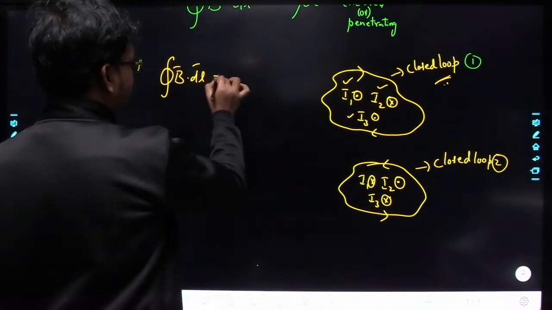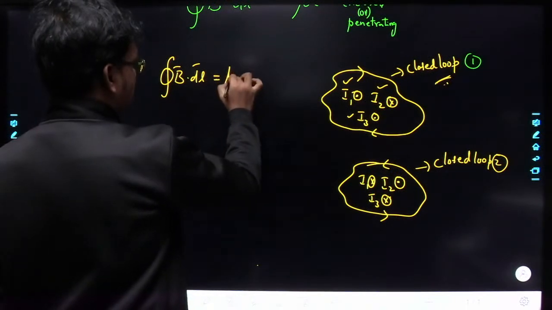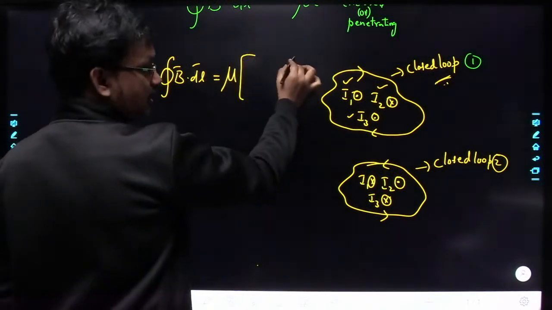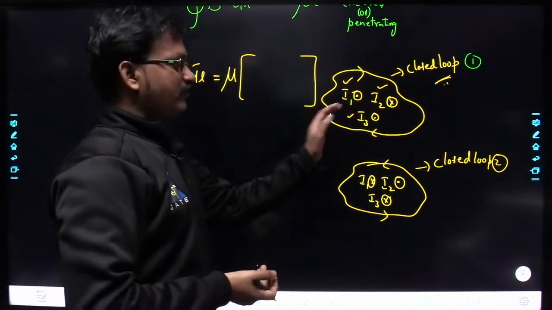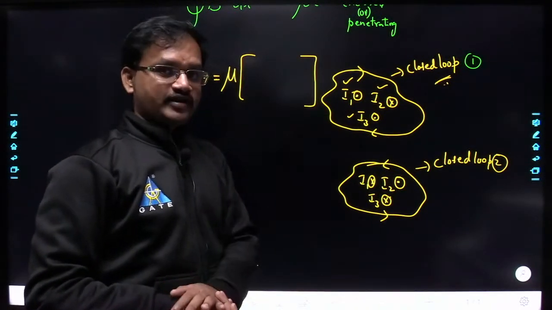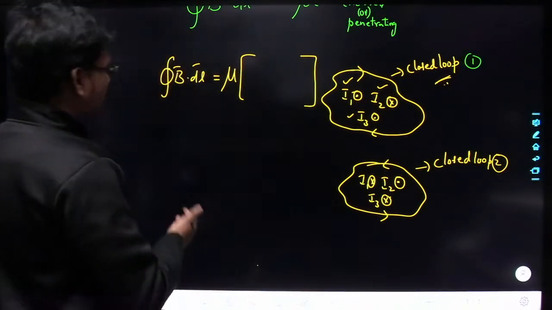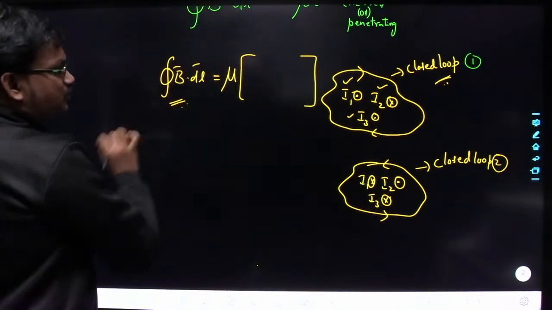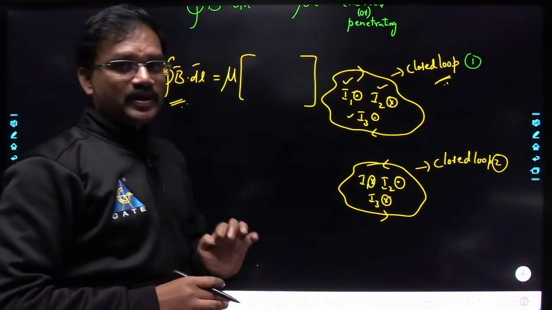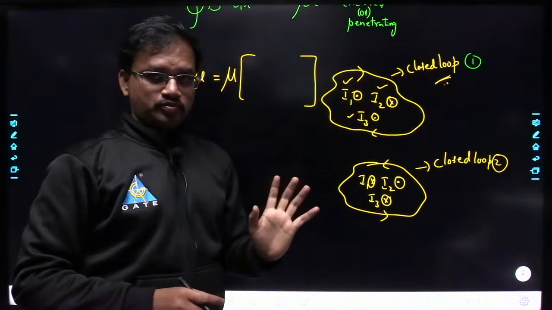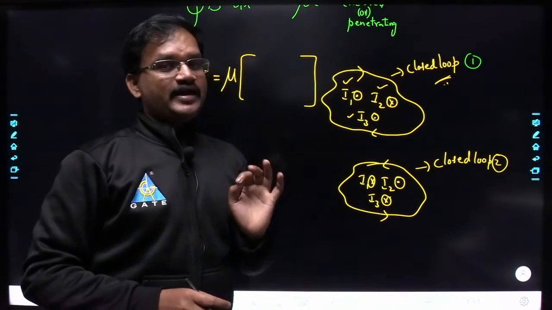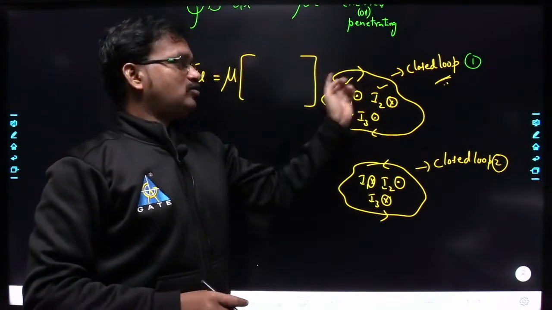The circulation of B field around any closed loop is equal to mu times the current enclosed by the closed loop. Ampere doesn't put any condition on how you have to enclose the closed loop.